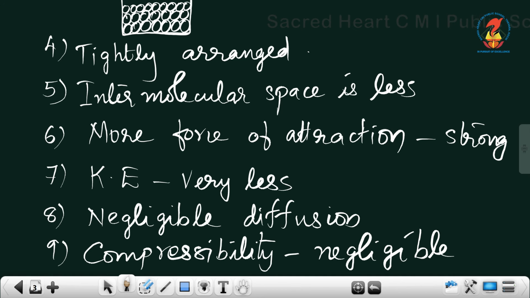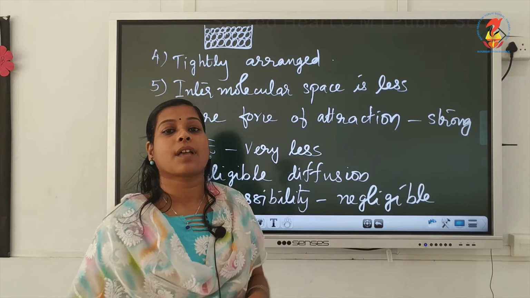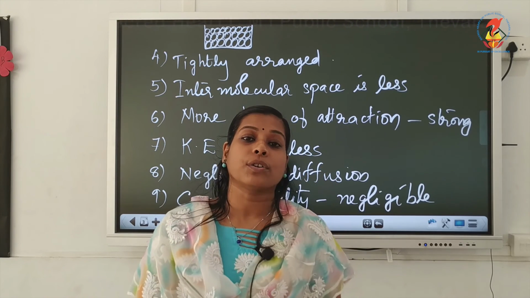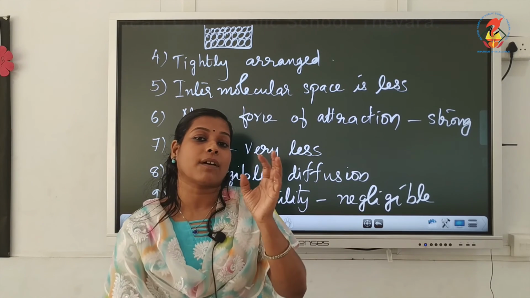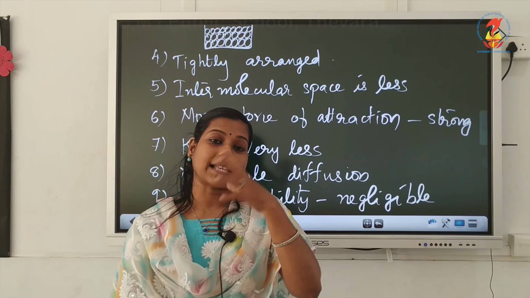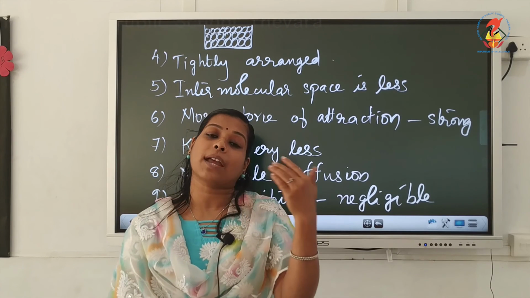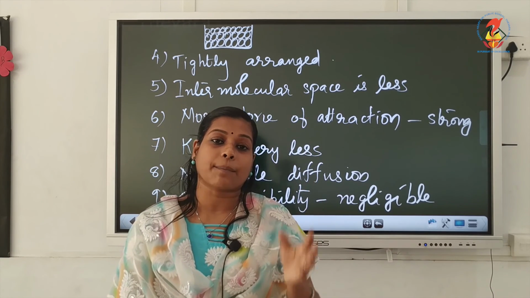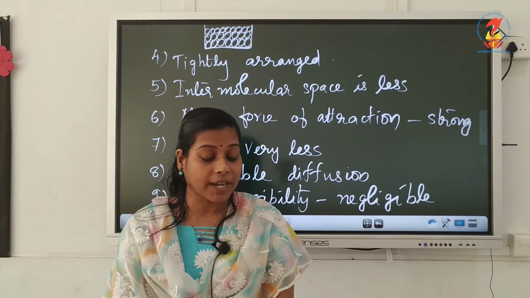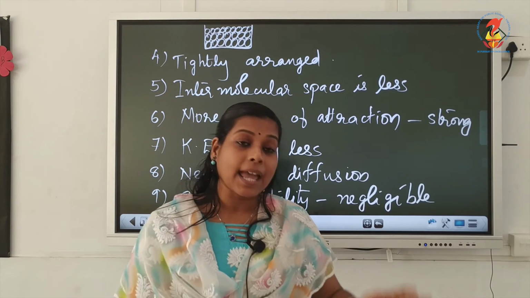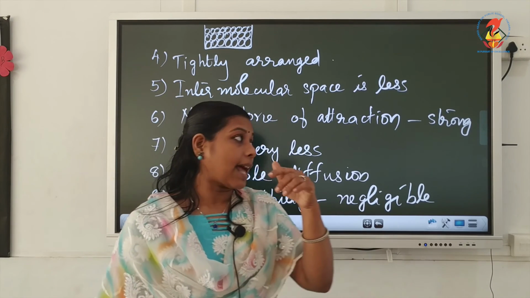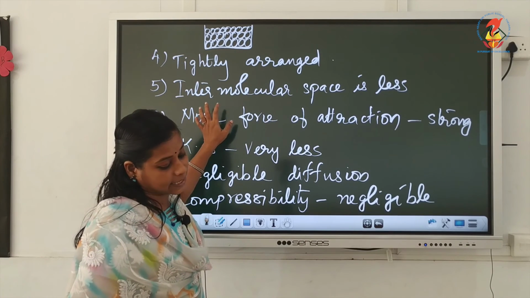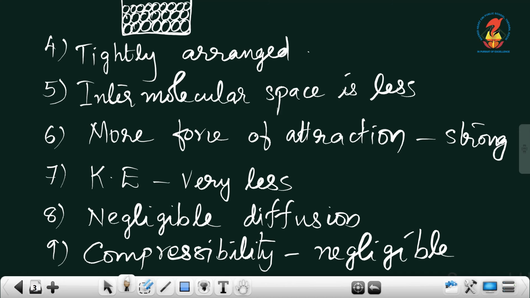So, these are the characteristics of solid state. And if we want to know about the physical classification of matter particles, we have seen that matter particles, based on the physical property, are classified as solids, liquids and gases, and that classification is mainly based on the intermolecular space and the force of attraction.